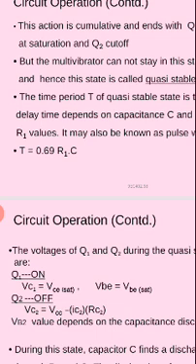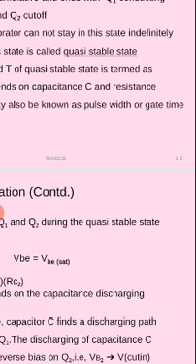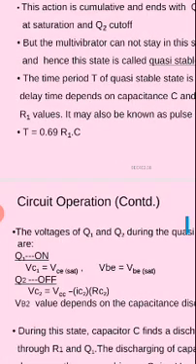The voltages of Q1 and Q2 during the quasi-stable state are: for Q1 on, Vc1 equal to Vc sat, Vb equal to Vb sat.